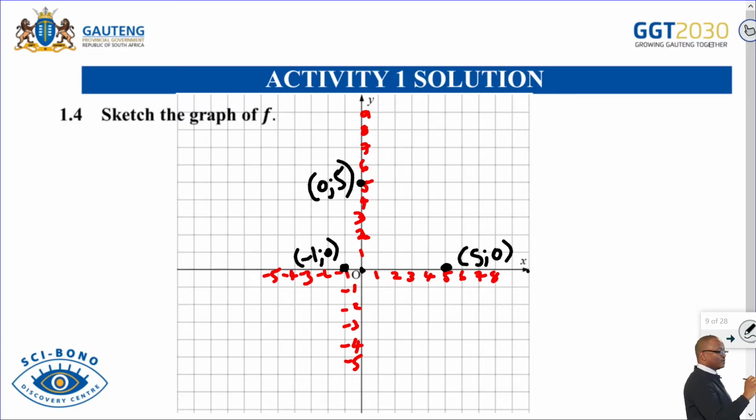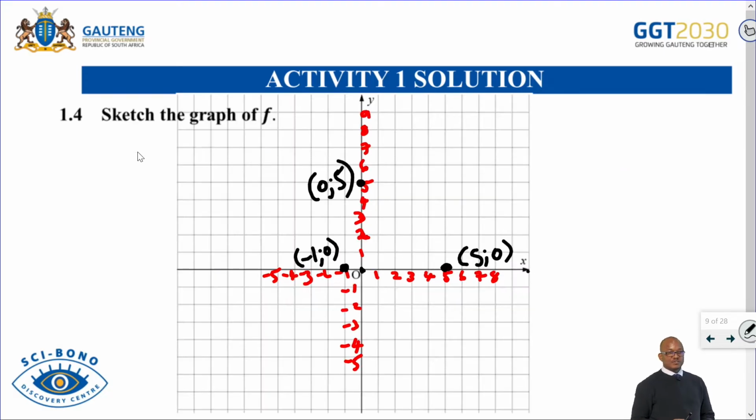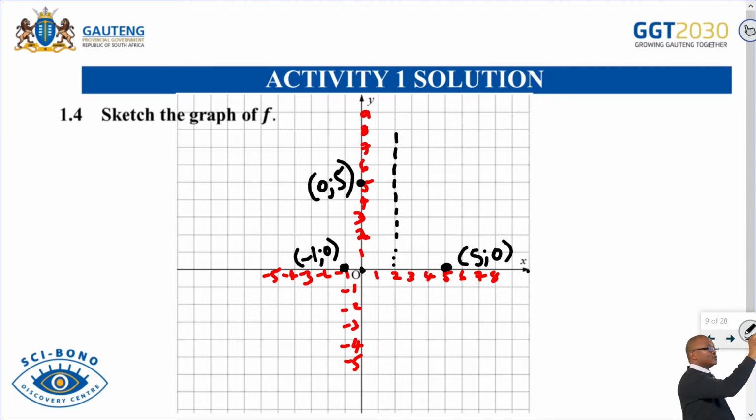Correct. Now we have to plot the last one, which is the turning point (2, 9). That is a point there, and it is our turning point.